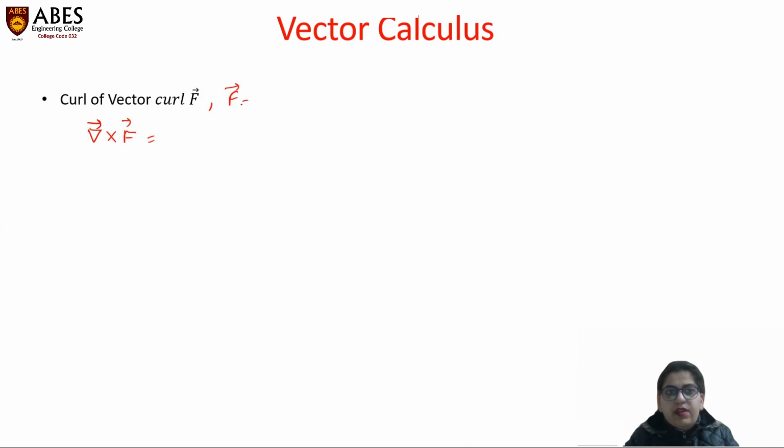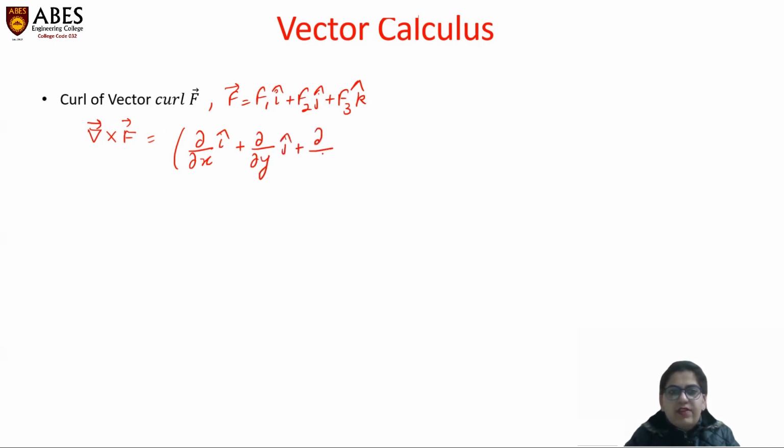This f will be written in the form of f1 i cap plus f2 j cap plus f3 k cap, and del cross f can be written as partial derivative with respect to x i cap plus partial derivative with respect to y j cap plus partial derivative with respect to z k cap, cross your vector function, that is f1 i cap plus f2 j cap plus f3 k cap.